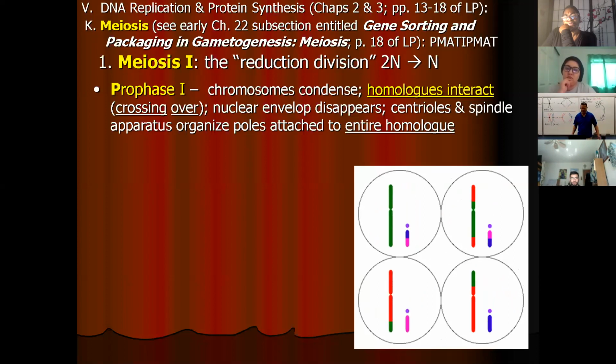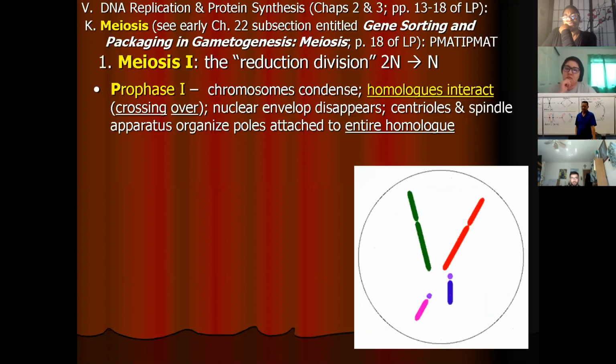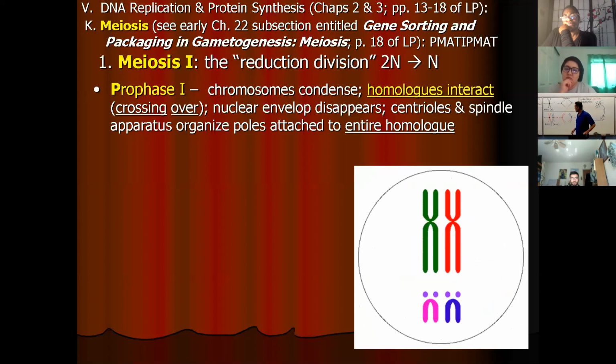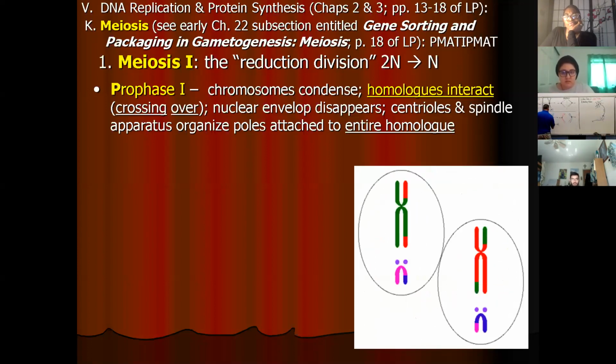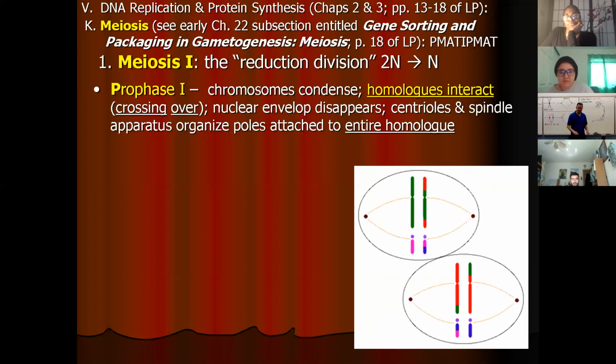That is completely different. So each centromere only has one connection. Up here in mitosis, each centromere has 2. This one only has 1. One's going to the left pole, the other one's going to the right pole.